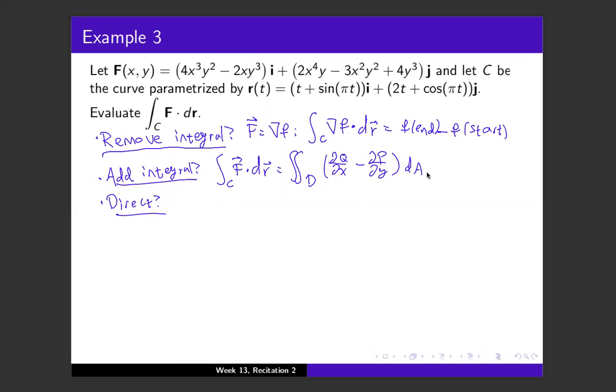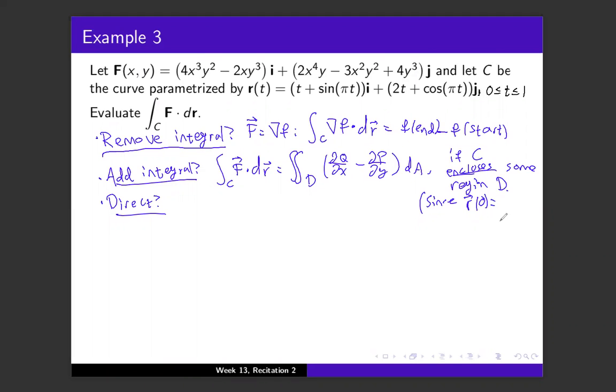And you can only use Green's theorem, by the way, if C encloses, and must enclose, some region D. But you can play with this a little bit and notice that, oh, I forgot something important. t is going from 0 to 1.